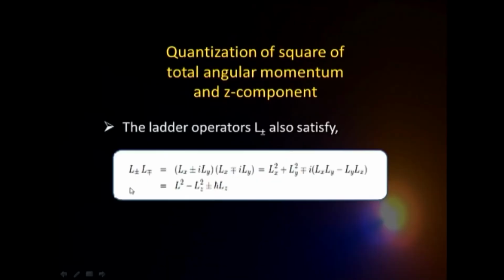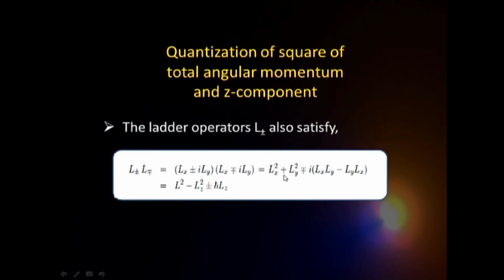So, if we have a ladder operator algebra, L plus minus and L minus plus work together. It has been put here with a different sign, and we can simply multiply the terms. We have Lx square, Ly square plus minus, depending upon the sign, and we are going to have the two different terms LxLy and LyLx. This term we are aware is related to Lz.